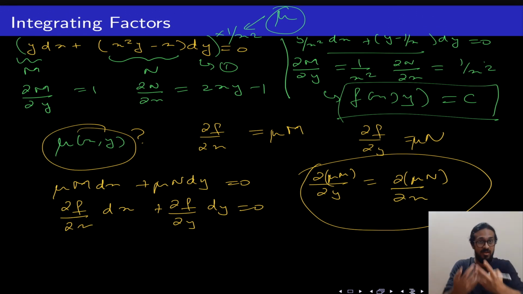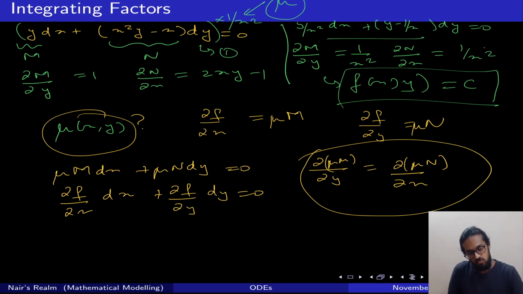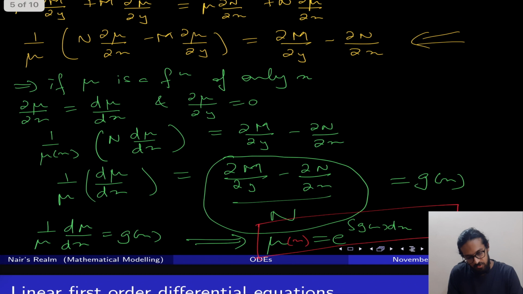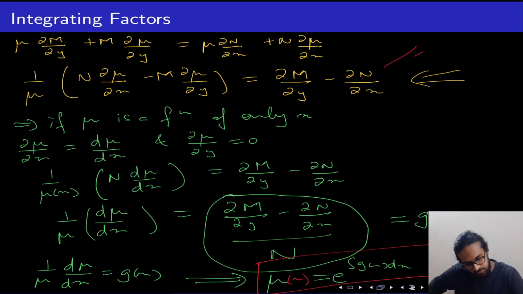Now there may be infinite such functions of μ which will satisfy. We did a little math and we ended up with the partial differential equation, which was this. It's hard to solve a partial differential equation, and this partial differential equation will have infinitely many solutions, right? But we are interested in only finding one integrating factor because that will solve our purpose.